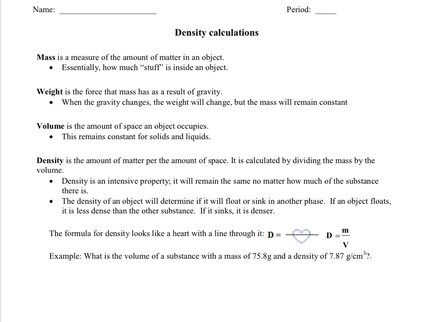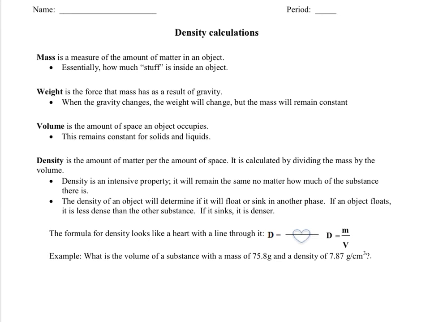For example, let's say I'm 120 pounds on Earth. If I go to the moon, gravity changes. So I'm no longer 120 pounds, but I am the same number of kilograms. I'm the same mass, whether I'm on Earth or the moon, but I have a different weight.